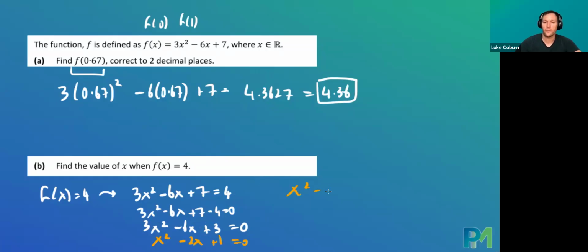Then we'd have brackets and brackets, two numbers that multiply to give 1 and add together to give minus 2. Well, that's minus 1 and minus 1. So x minus 1, x minus 1. So this is x is equal to 1. So when f of x is equal to 4, x is equal to 1. Okay.